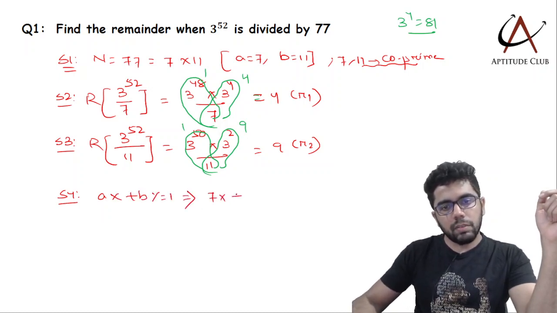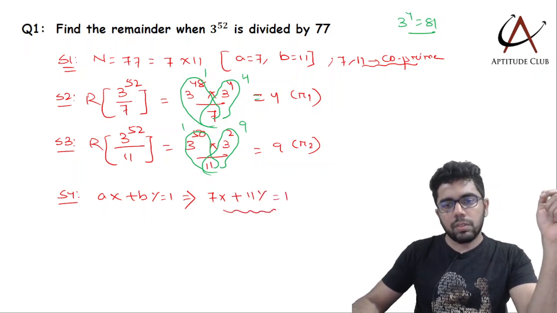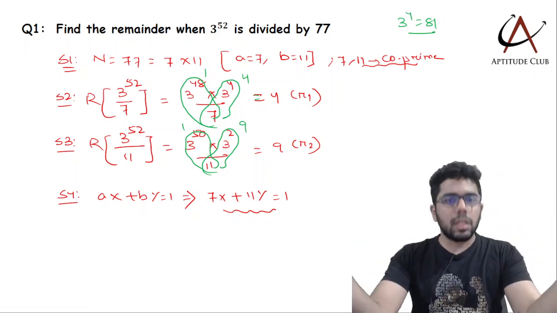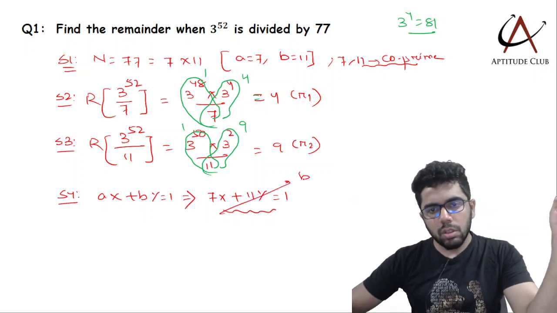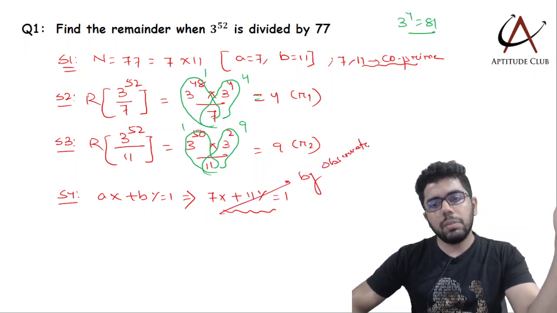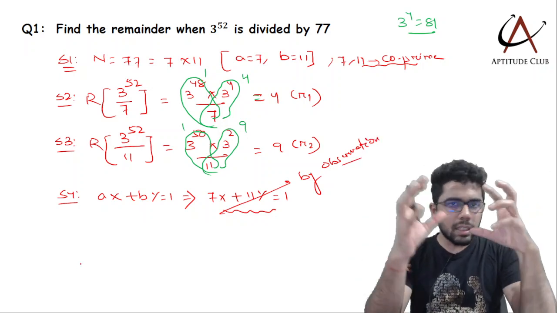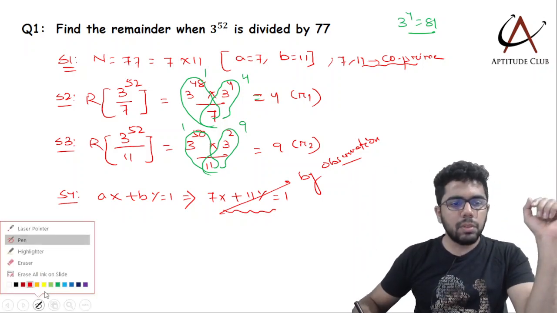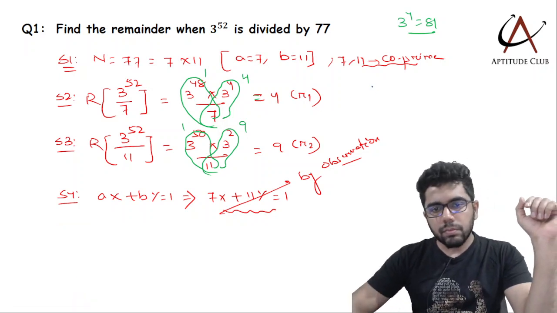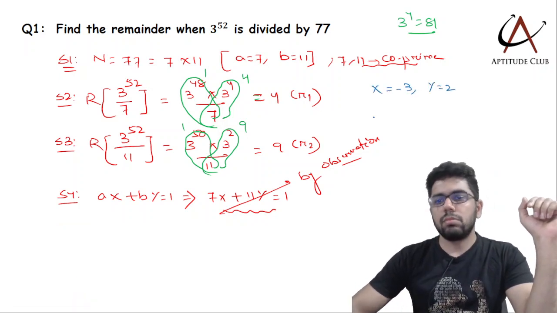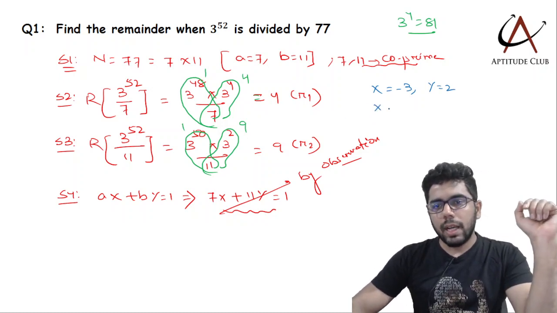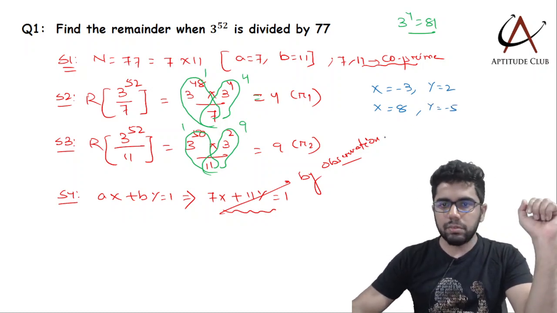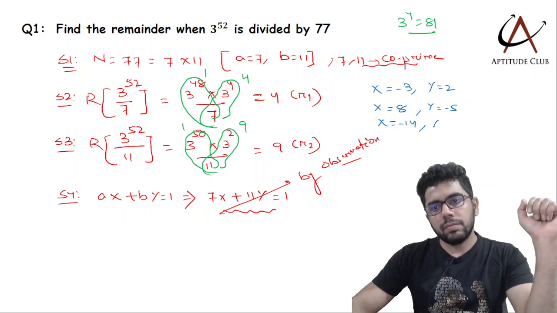This implies I'll have to figure out 7x plus 11y is equal to 1. In this equation, I have to solve for x and y keeping them integers. There can be multiple answers to this, and this has to be done by observation, because the coefficients will every time be different. So by observation, I have to find a multiple of 7 and a multiple of 11 where they are consecutive. Now there can be multiple answers to this. For example, I can take x as -3 and y as 2, so -21 plus 22. I can take x as 8 and y as -5, so 56 minus 55.